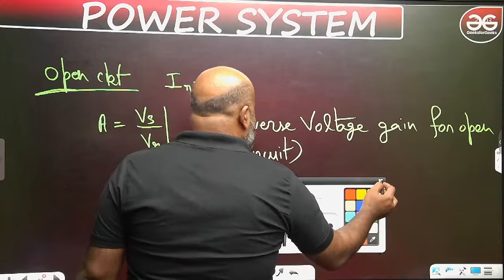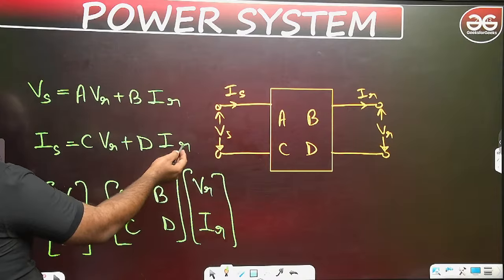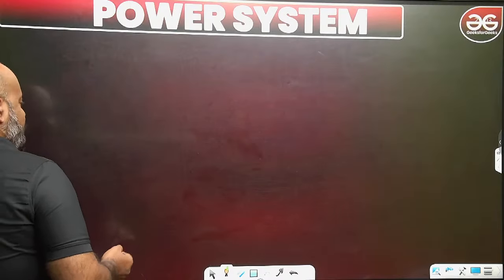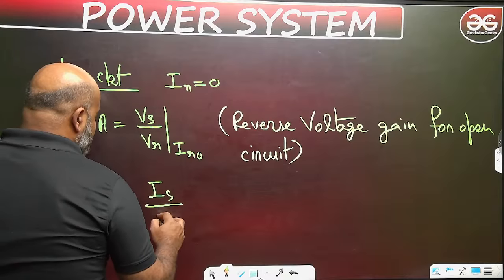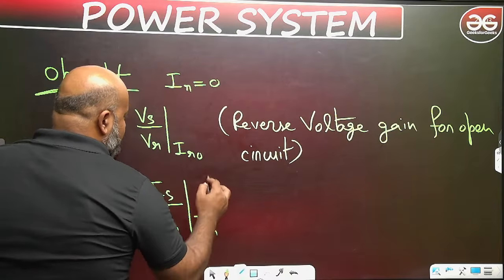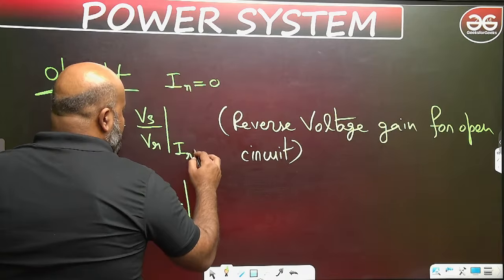Now if you talk about the second equation, if IR is 0, what is C? C is Is upon VR, also when IR is 0.